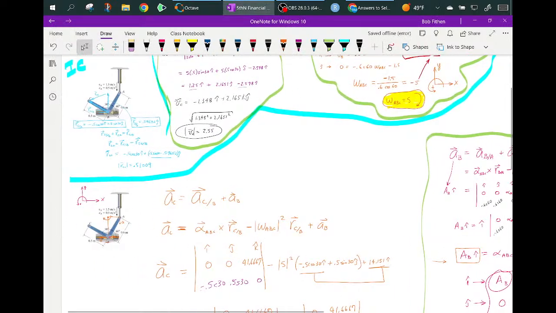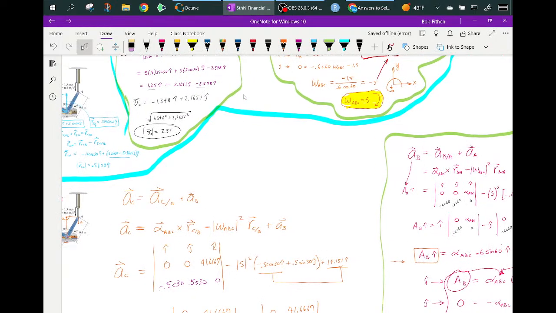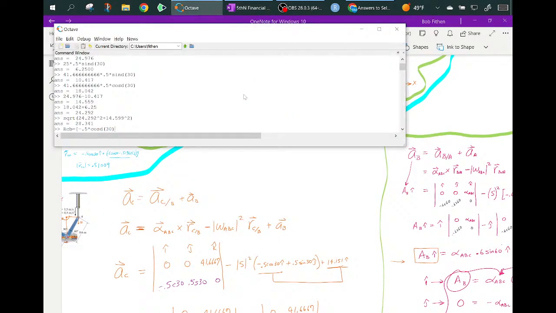Is that correct? I think so. And then 0.5 times sine degree of 30.